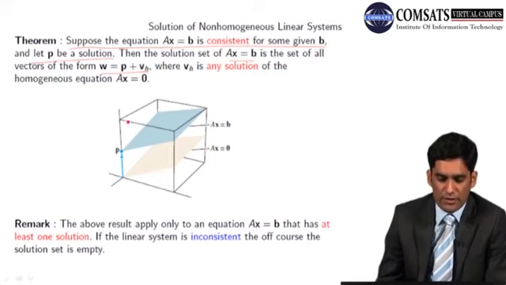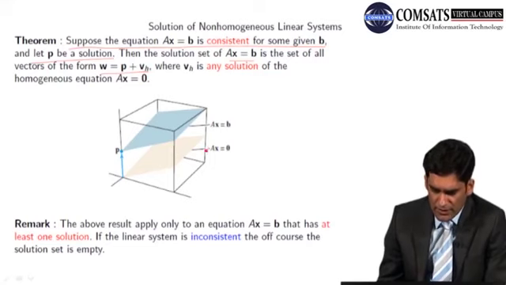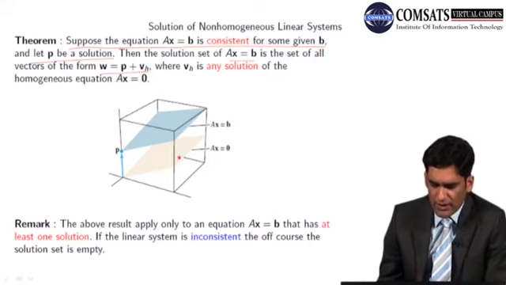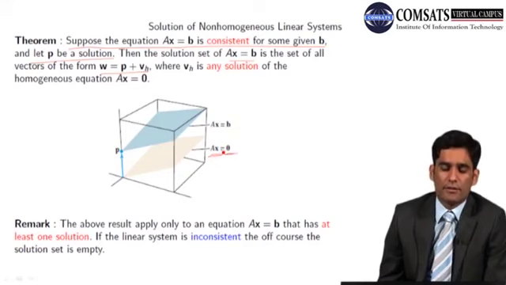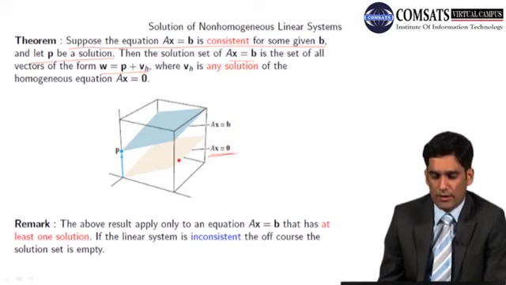And geometrically, how is it represented? We have this plane, the yellow plane, which is the solution of the homogeneous system. If we have a non-trivial solution, then of course we will have infinitely many solutions.